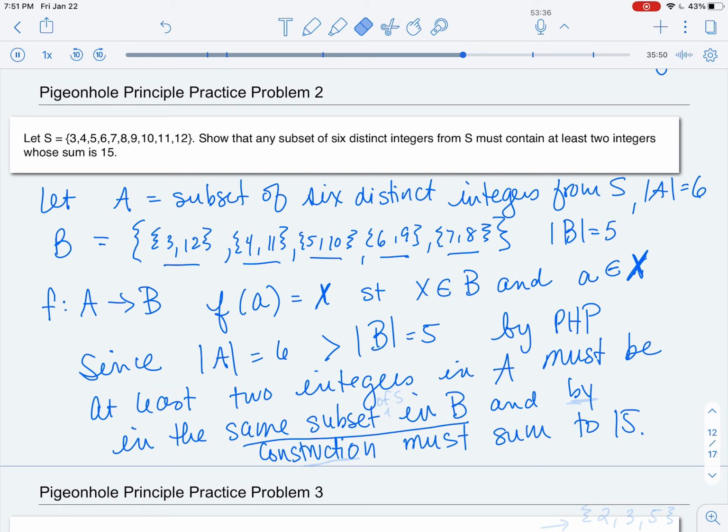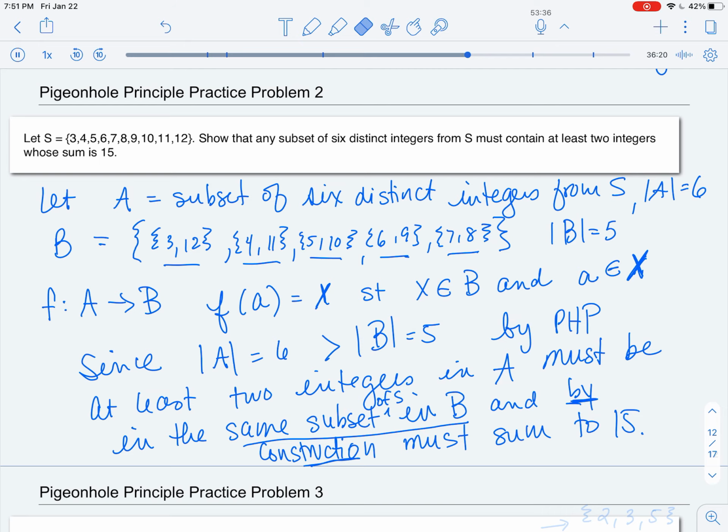I should also have said that B contains subsets of S of size 2 that sum to 15, and that is what I meant by construction. We constructed B to be all of those subsets of S of size 2 that sum to 15.